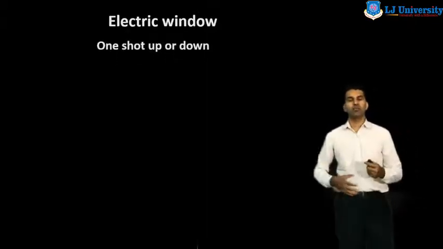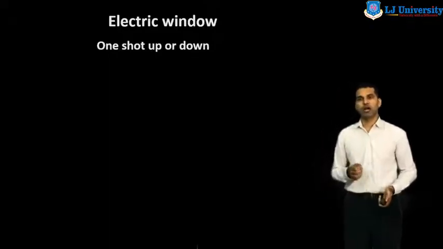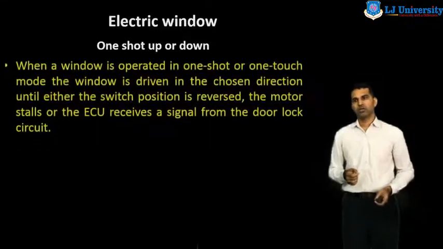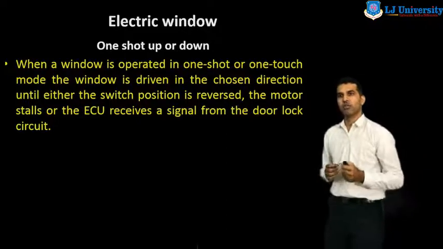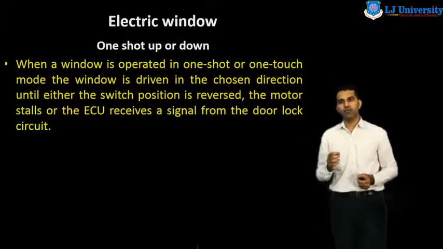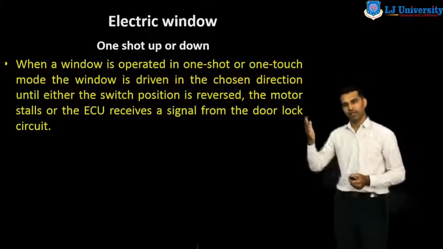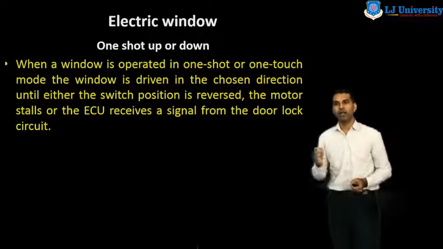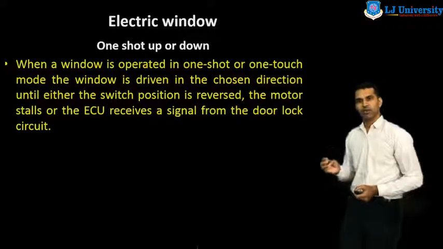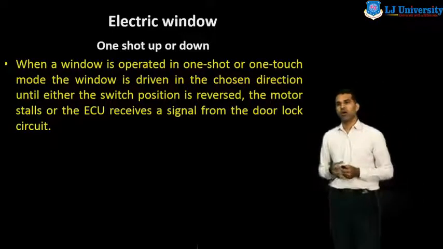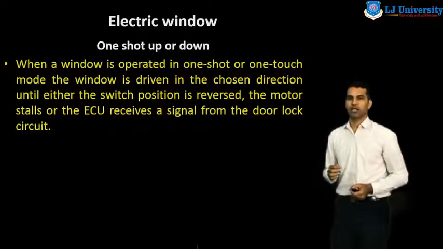Now we discuss the different features of this power window. First one is the one shot up or down. Here, when a window is operated in one shot or one touch mode, the window is driven in a chosen direction, downward or upward, until either the switch position is reversed, the motor stalls, or the ECU receives a signal from the door lock circuit.